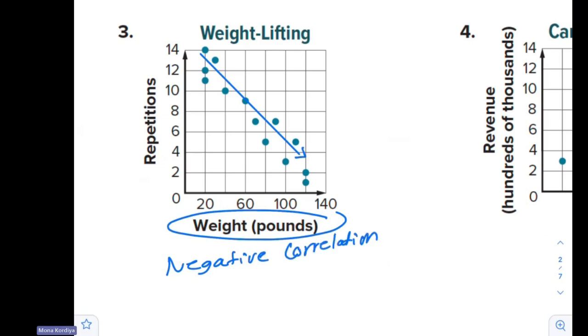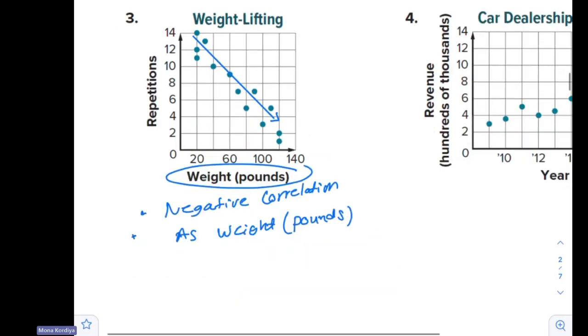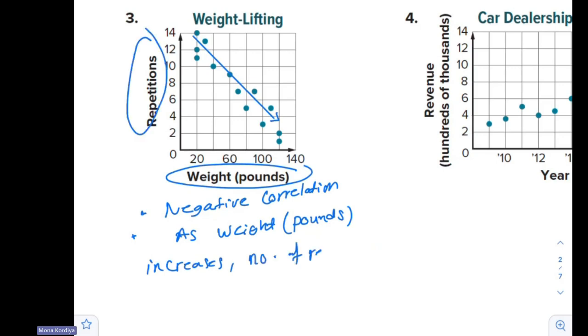And if you want to describe, because part 2 is description: as weight in pounds increases, then the number of repetitions, the y-axis, copy it as it is, repetitions decreases.